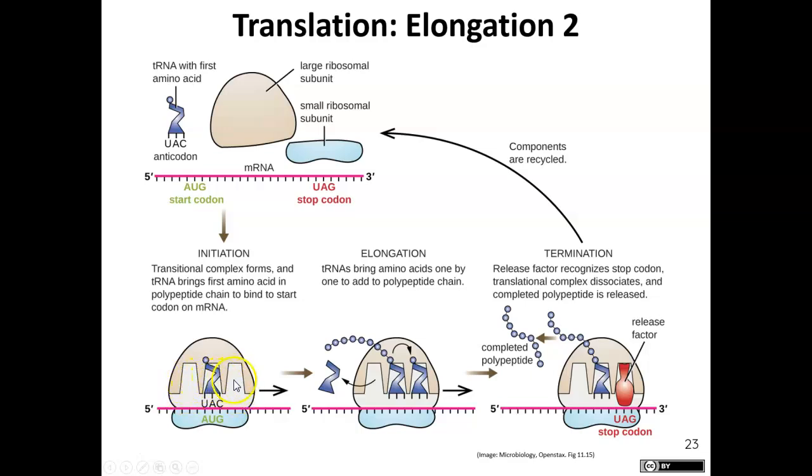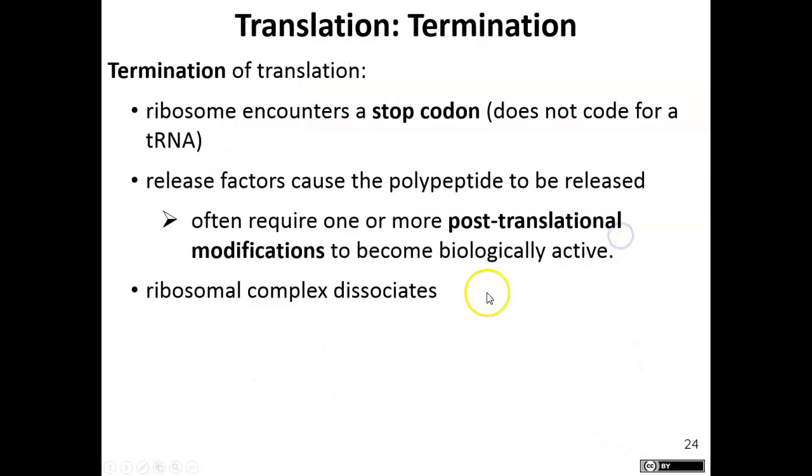And this is going to continue until we hit the release factor, or that stop codon, and that's the termination. So termination occurs when we hit that codon that does not code for an amino acid. And once that happens, then the polypeptide is going to be released and is going to be able to fold into its functional form.